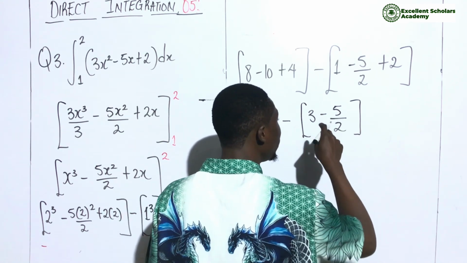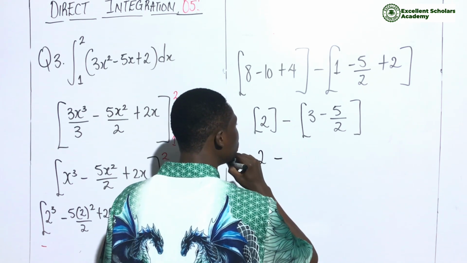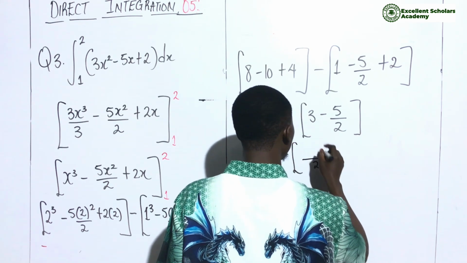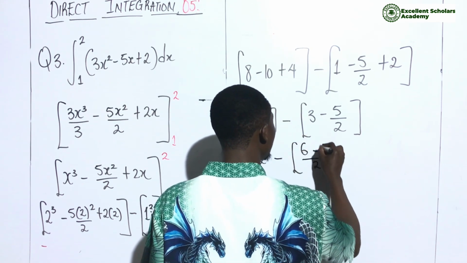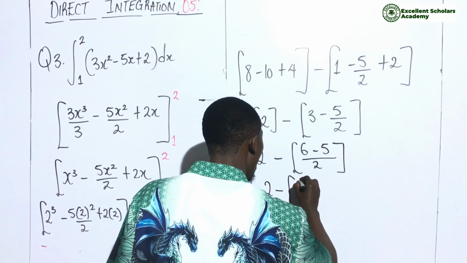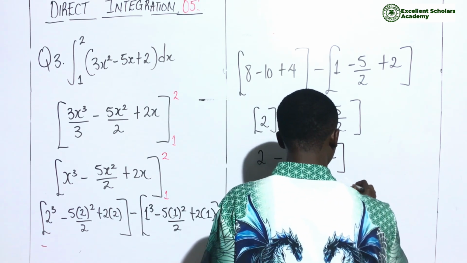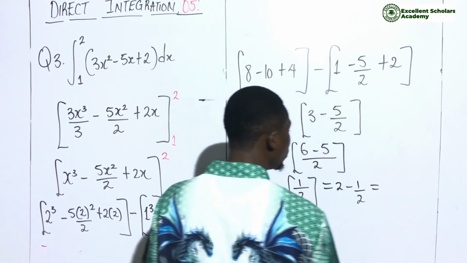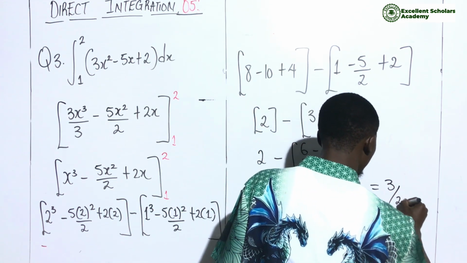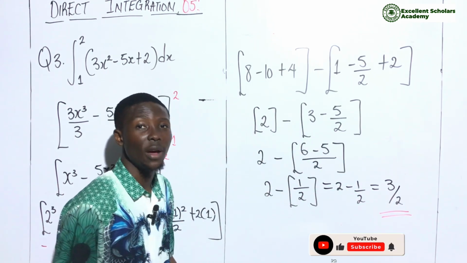So this becomes 2 minus, over 2, then 2 times 3 gives us 6 minus 5, which gives us 1 over 2. So this is going to be 2 minus 1 over 2, which is 4 minus 1, that gives us 3 over 2. And this will be our final answer, 3 over 2.